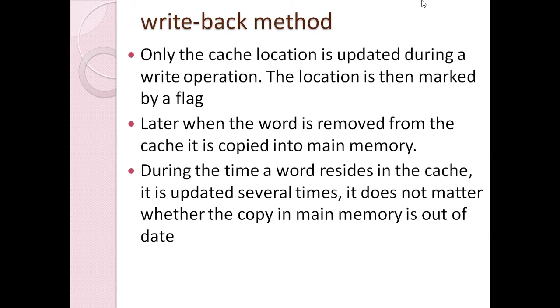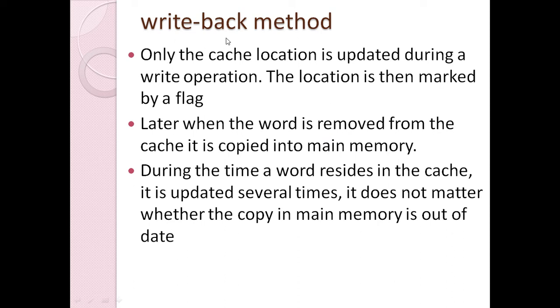Now the write back method. In this method, we delay the updating of main memory. If the CPU wants to update some data and that data is available in the cache, then the CPU will update only the cache location, and there will be a flag which will be marked by the CPU in the cache. Later, when the word is removed from the cache, its value is copied into main memory.